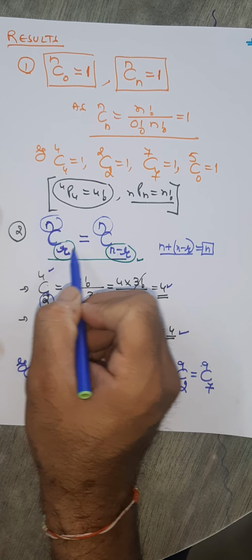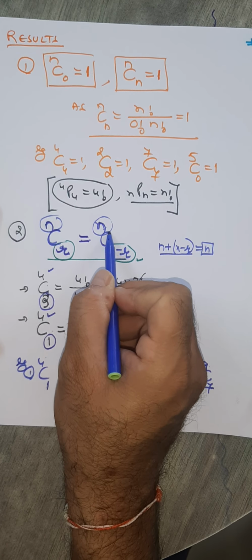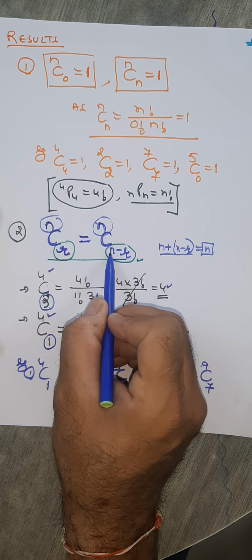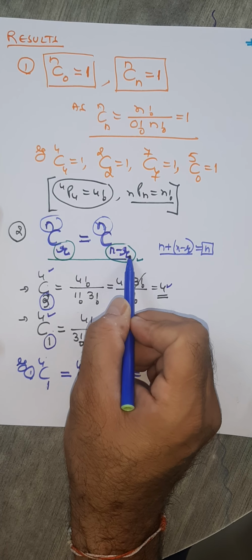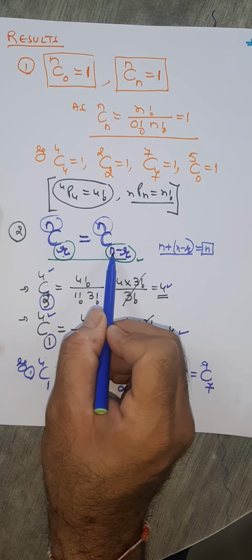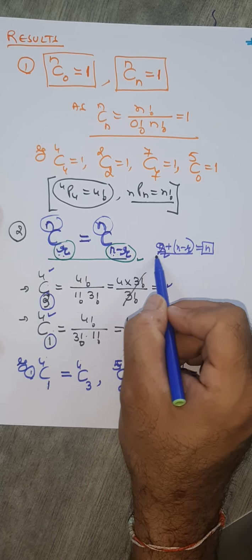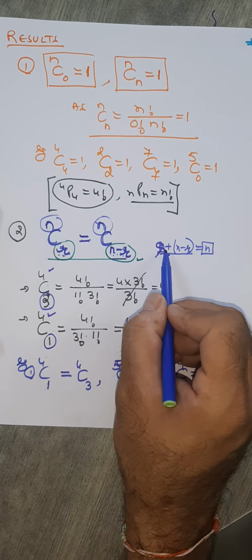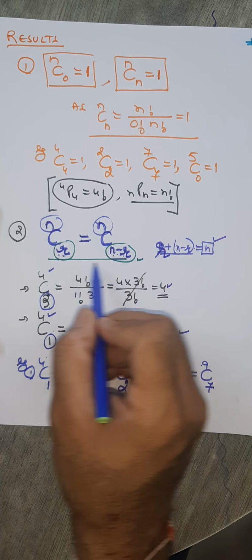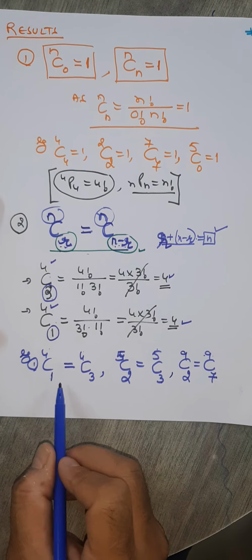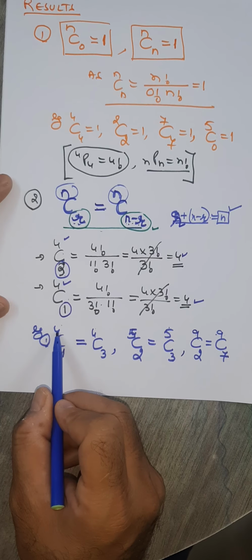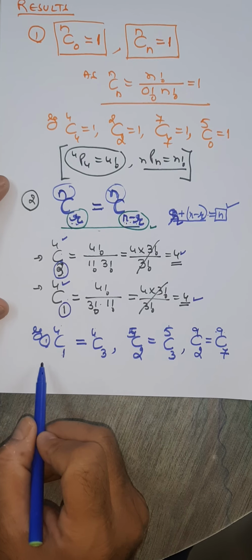nCr equals nC(n minus r). How do we remember this? The sum of these two lower numbers, r and n minus r, gives us the upper number. Right? That's what I'm trying to tell you here. 4C1 and 4C3 are always equal.